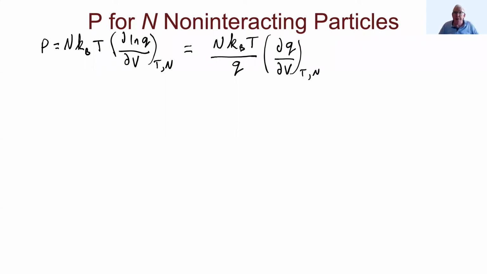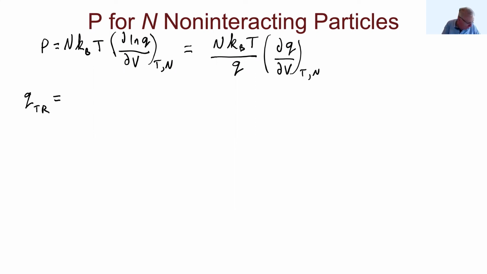Okay, I know my expression for the partition function, right? I know that my Q here is going to be the translational partition function because I'm just doing an ideal gas. I don't have any other things going on, right?